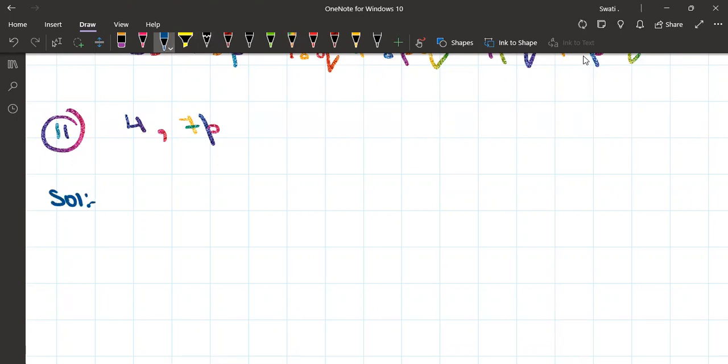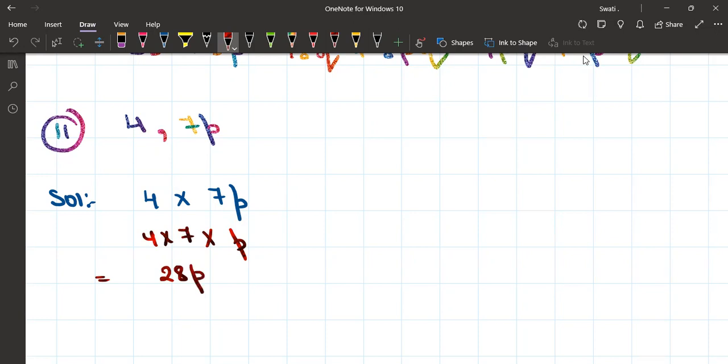If I multiply these two terms, it is going to be 4 times 7p. Remember, whenever we multiply terms, we multiply the numbers separately and keep the letters, which we also call variables, separately. So 4 times 7 is 28, and this is 28 times p. 28 times p can also be written as just 28p. So that is the 11th question.